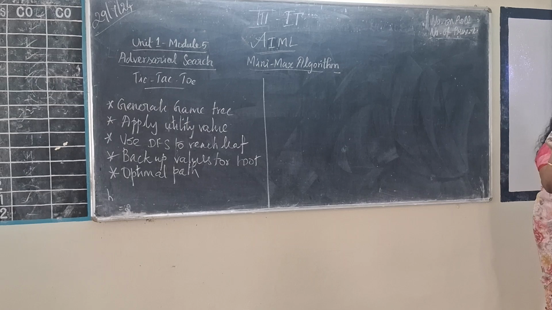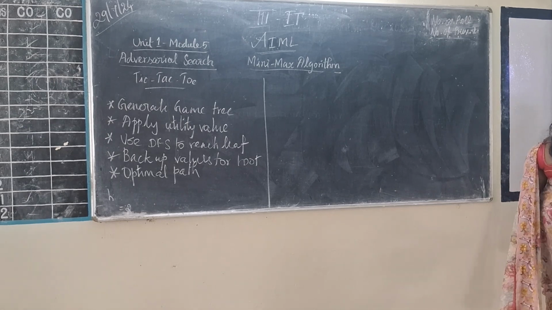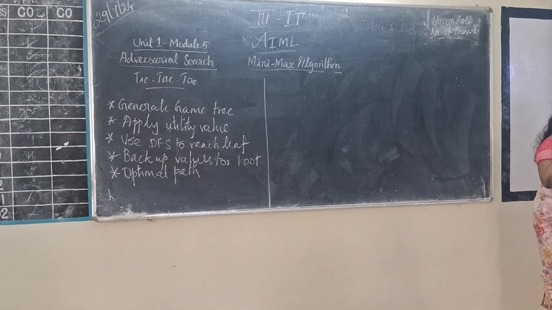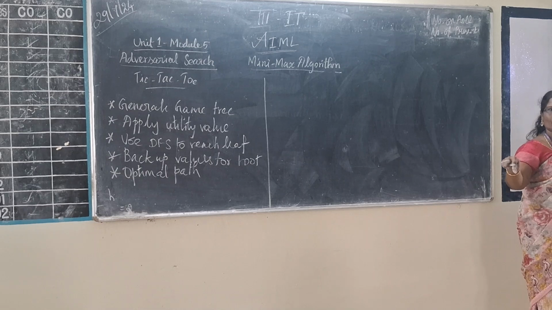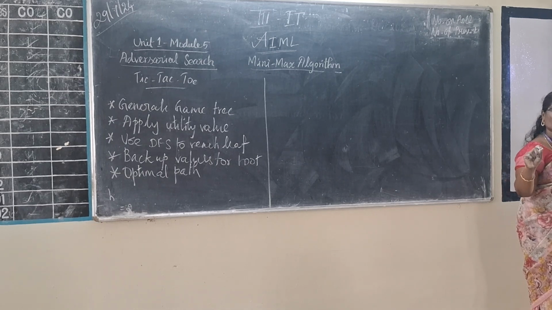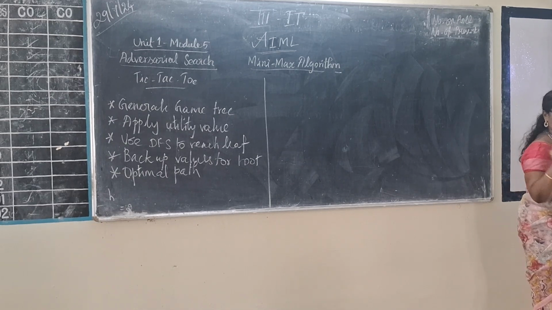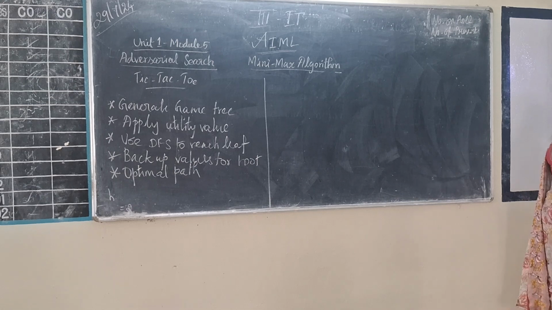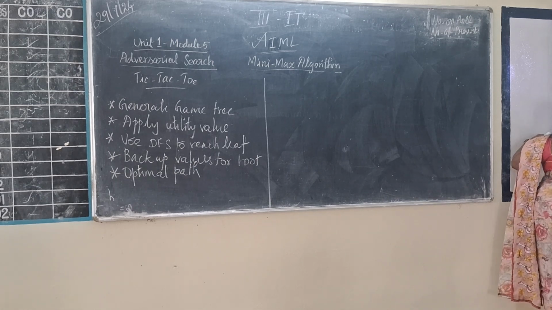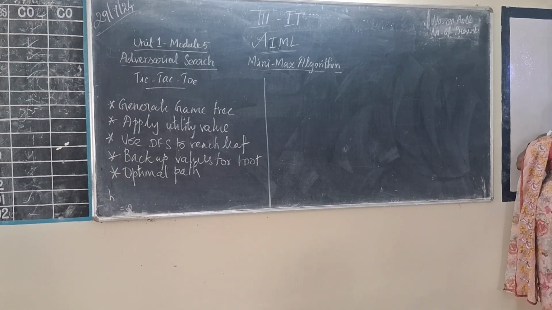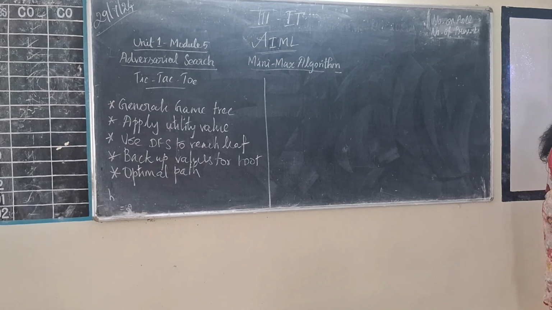Now for max, we always need to find the maximum of the two values; for min, we find the minimum of the two values. At this point there are no two values, only 4. This 4 will be moved into its parent.